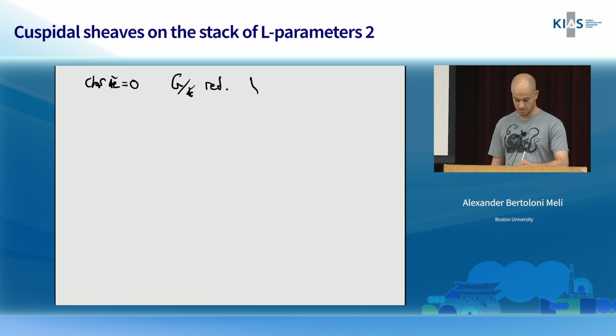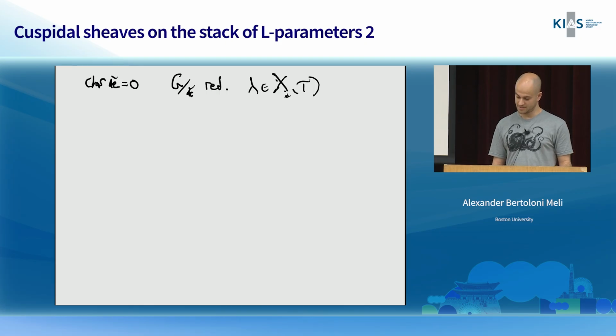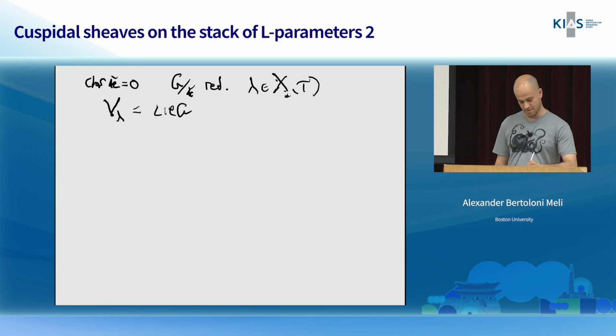And as Terahisa mentioned, there's going to be some co-character in some fixed maximal torus of G, and that is kind of like what's left of our parameter after we've done all these reductions. And this is going to give us some space V lambda, or just V, which is exactly the n-graded piece of the Lie algebra.